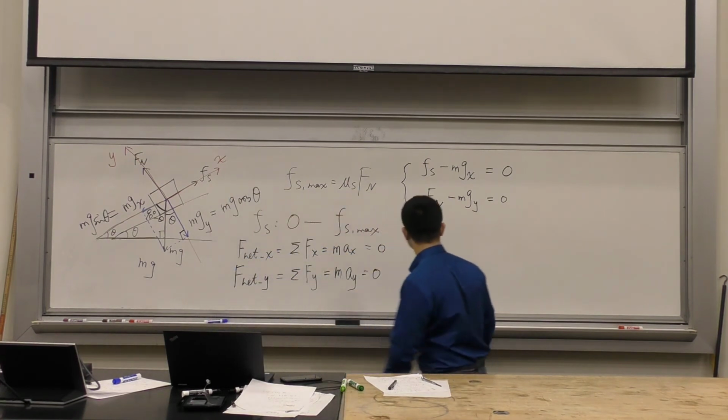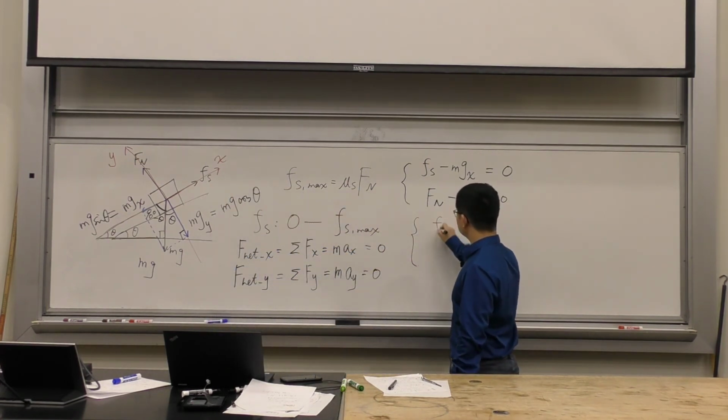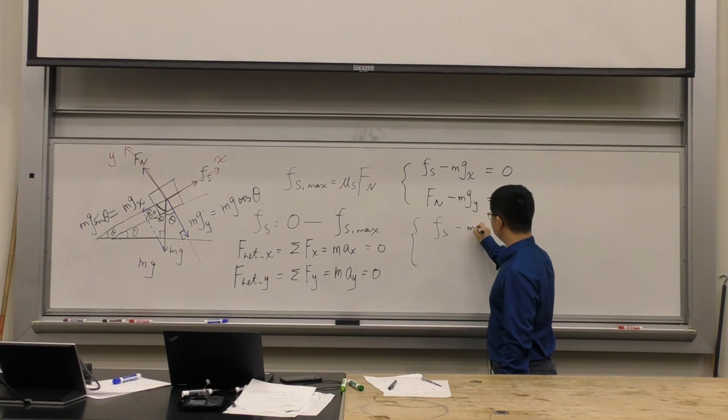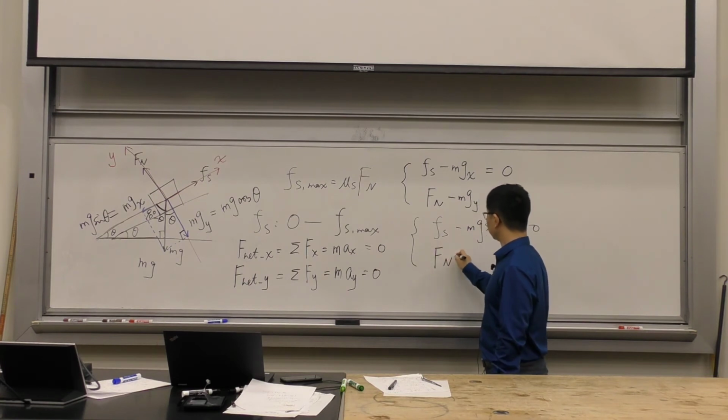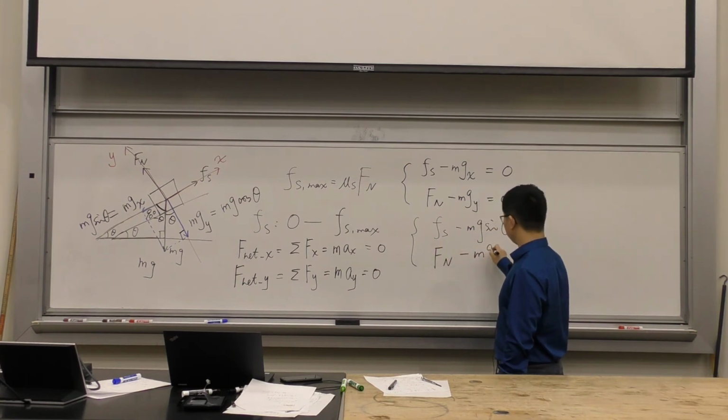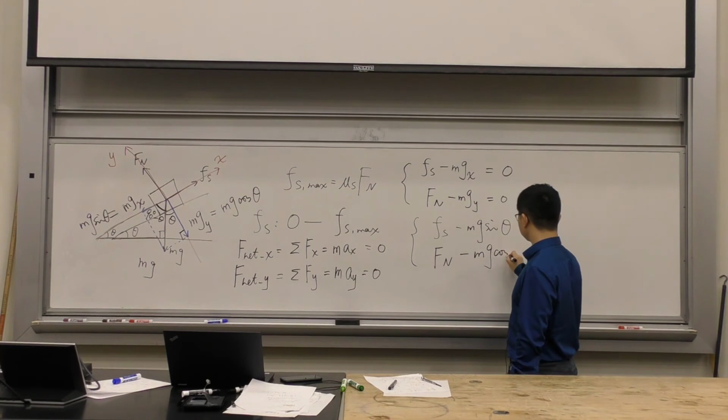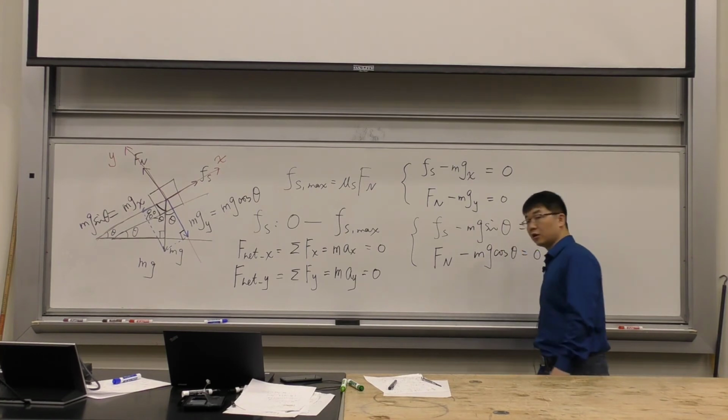So in this case, we found that the x equation is going to be Fs minus mg sine theta equals 0. And then the normal force equation is going to be Fn minus mg cosine theta equals 0. So that's how I set it up.